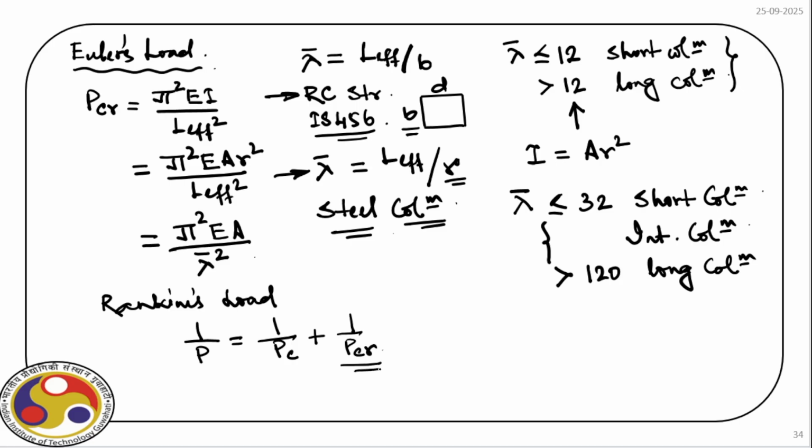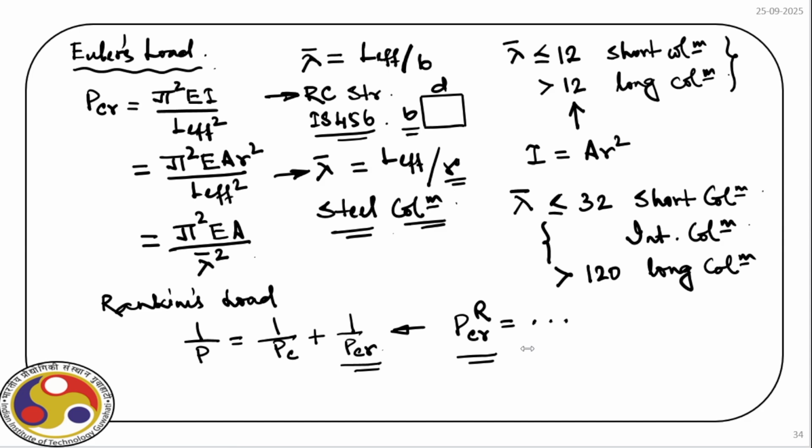This we have learned in our previous lecture, and we solved some problems also on how to quantify the Rankine's critical load, where we have the combined effect of crushing and buckling. And if you recall, we derived the expression where we express this critical load in terms of the crushing load, which is multiplied by a factor, and that factor deals with the effect of buckling, right?